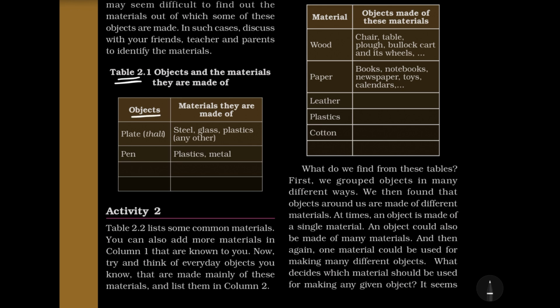So here there are some objects, like plate, pen. You can also write fan, or you can also write door. Materials they are made up of means, the plate is made up of which material? The plate may be made of steel, glass or plastic. So you should know the materials used to make the plate.